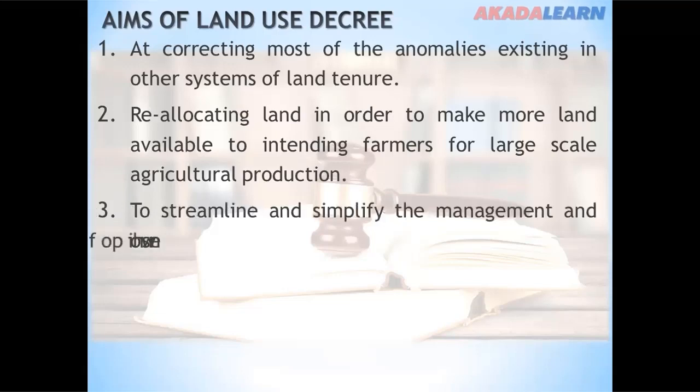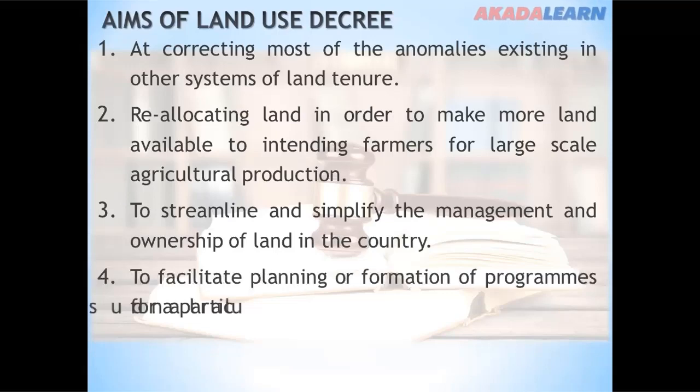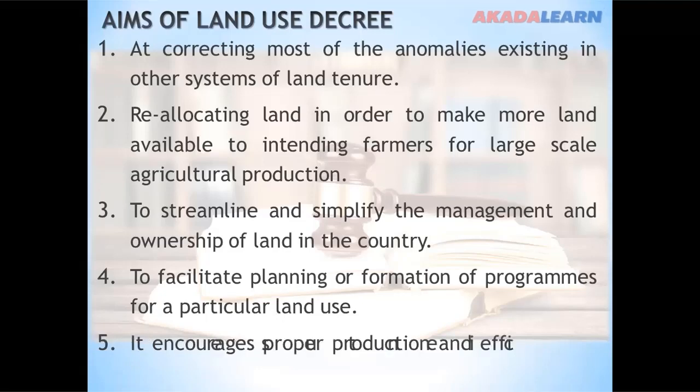One of the purposes is to streamline and simplify the management and ownership of land in the country, to facilitate planning or formation of programs for particular land use. It encourages proper production and efficient use of land.